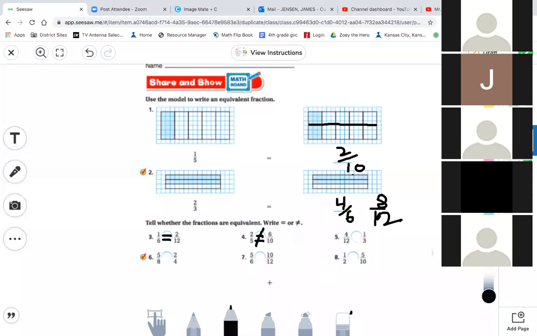So, problem here is we don't have any models to go on. So I'm curious what they want us to do. What's another strategy we could use besides using these models? Anyone have a suggestion of what we could do to see if these are equivalent?